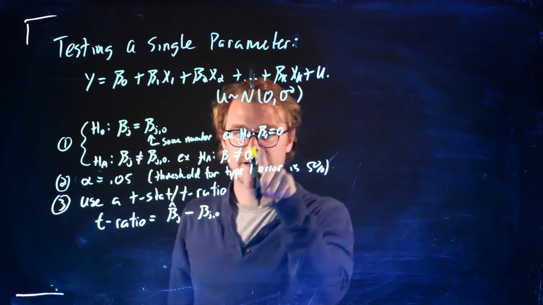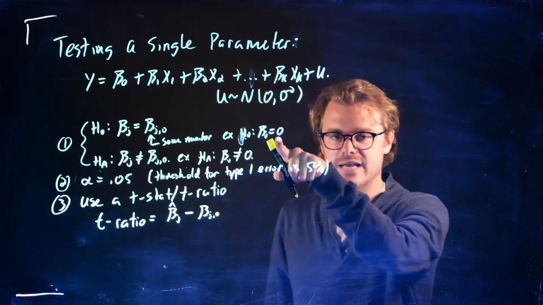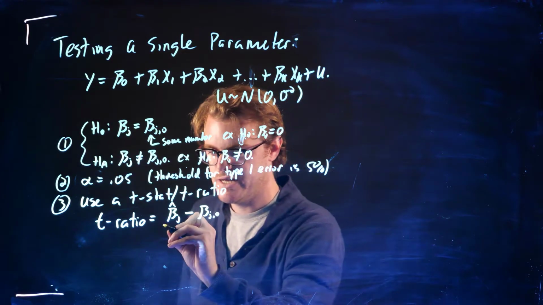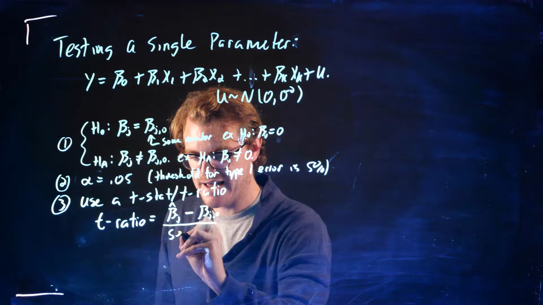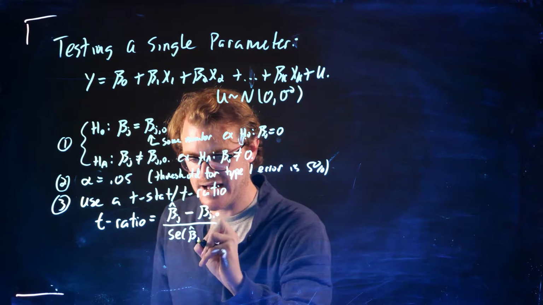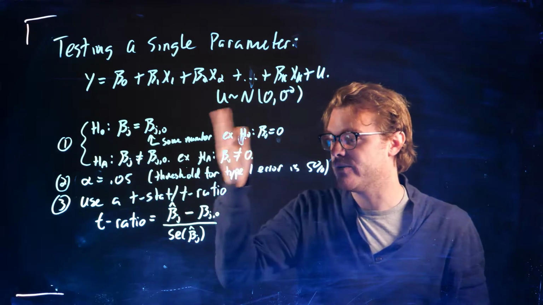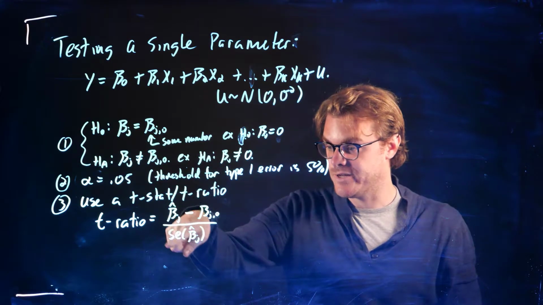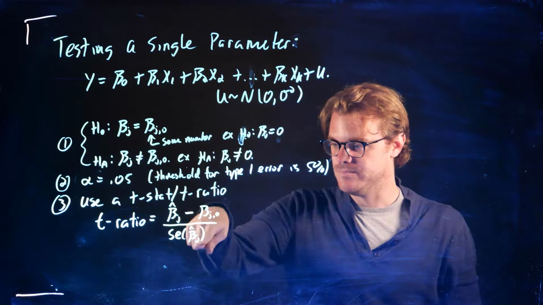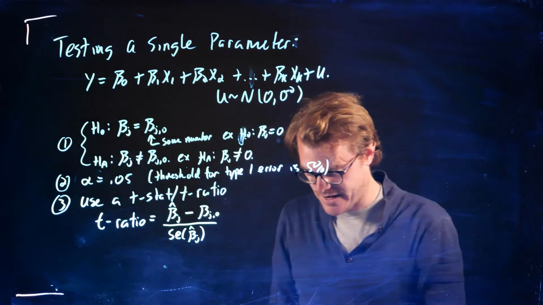So whatever this number is, for example, we'd subtract 0 if we were testing whether the null equals 0. And then we're going to divide by the standard error of beta hat j. So remember, in our regression results in R or in Stata, whatever we're using, we can also calculate the standard error. We're just going to divide by that standard error.